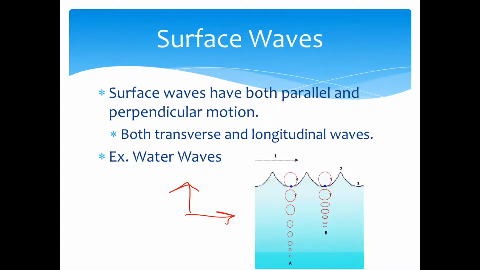On the top of the water, you can see that the waves are moving in a transverse fashion, so they're going up and down. But if you think about when you have been swimming, you can kind of feel the water moving in more of a back and forth fashion. You can feel yourself kind of moving back and forth with the wave and up and down if it's pretty windy. So this is what we would then call the surface wave because it has aspects of both types of waves.